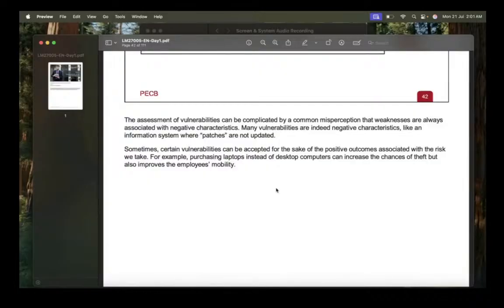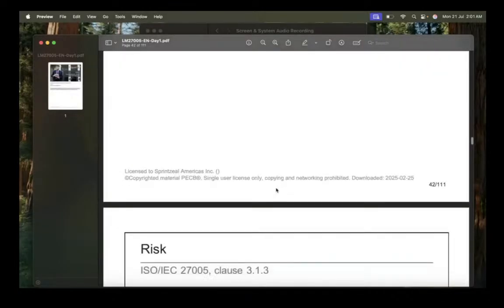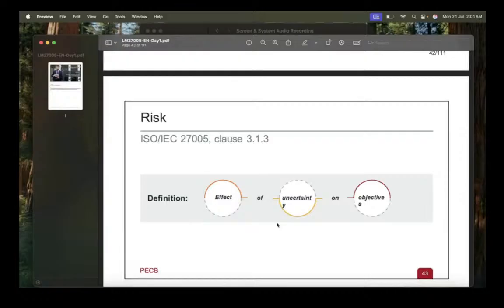The risk is theft, because it is small and compact. But at the same time, it improves the mobility of the employees. So this is the positive outcome. The risk is associated with that, but for the sake of the positive outcome, this type of vulnerability can be accepted. So it is not something that should be seen as a negative thing, as this example was given as per that clause.